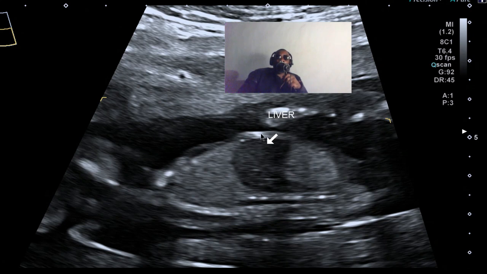In real time, the fetal liver is not as hypoechoic as compared to the other structures in most fetuses, so it could be that there is a pathological process ongoing. So, ladies and gentlemen, let's always make an effort to look for fetal abnormalities early.